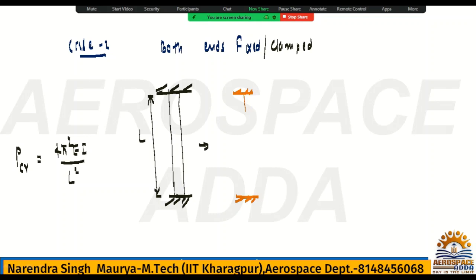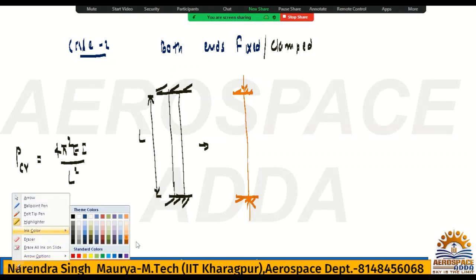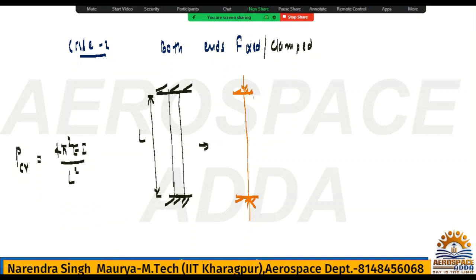This is the actual condition of the column, but if you apply load here, this column will buckle because it's fixed at the ends.